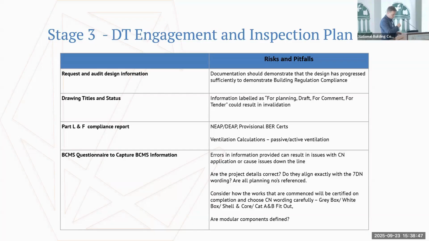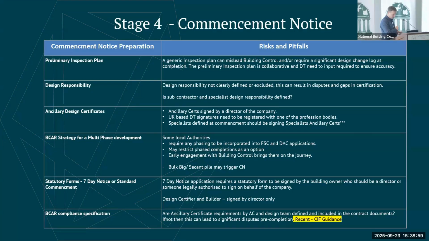In terms of statutory forms then at commencement stage, you'll have a 7-day notice or a standard commencement notice. Again, the 7-day notice, as we know now from the previous presentations, has a statutory declaration attached. The certificates themselves have to be signed by someone who's legally authorized to sign on behalf of the company.